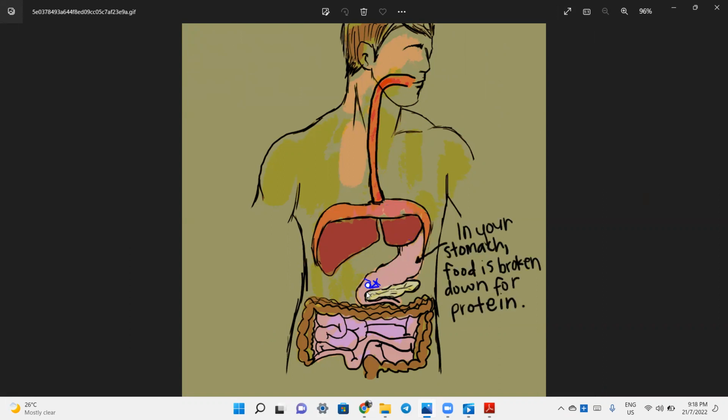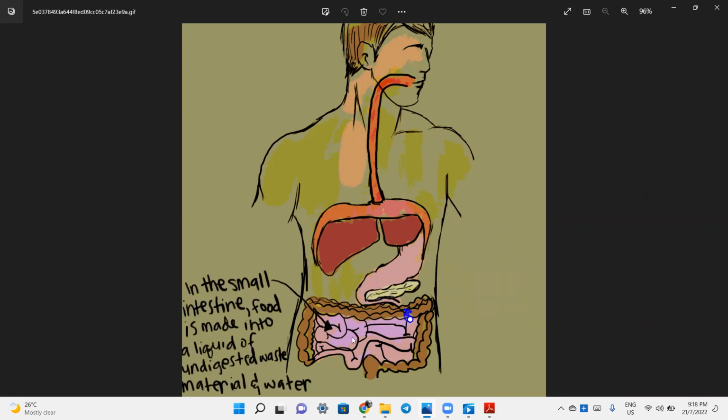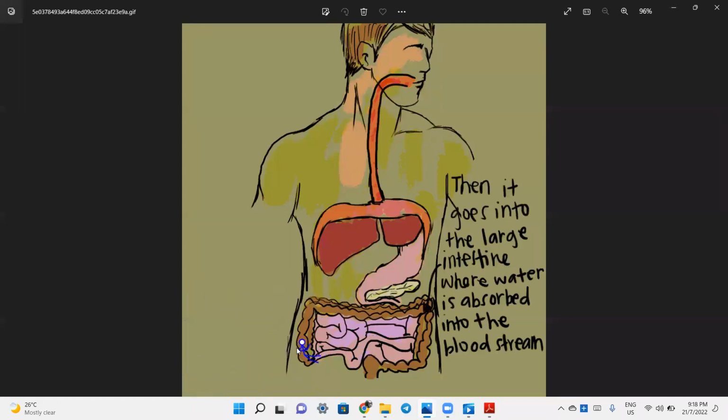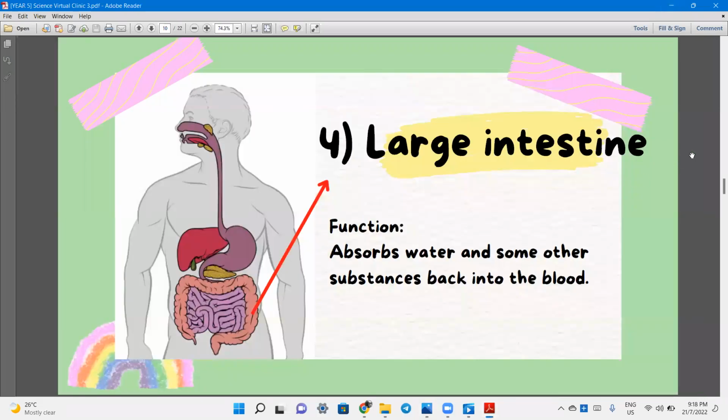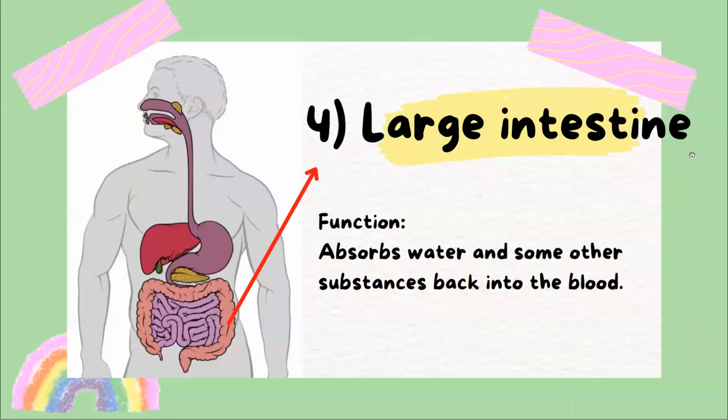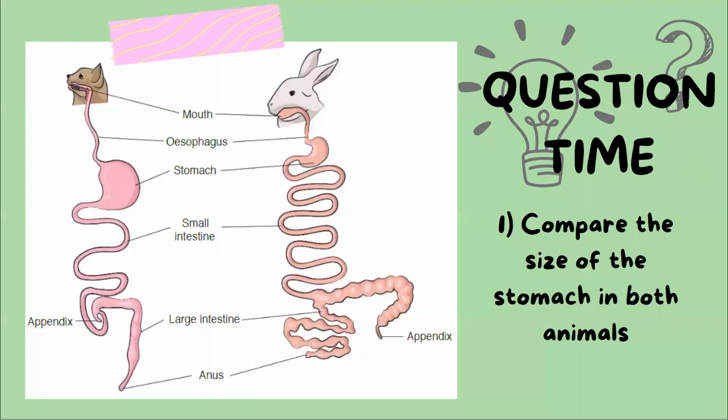After that, it goes to your small intestine, which takes up all the undigested waste, then pushes it through the large intestine. The large intestine is where water is absorbed into the bloodstream, and then it will come out through your anus. Very good. So this is just a repetition. I hope that you understand, because up next, question time.